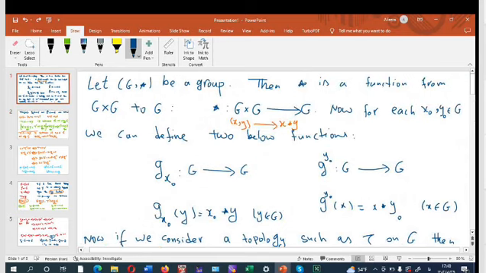For any x0 in X, we define g_x0 and g_y0, so that g_a of x equals a star x, or ax, and also g_a of x equals x a.